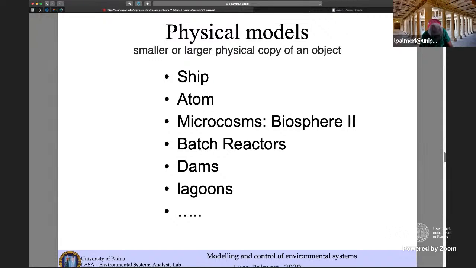We can do that, for example, for a ship, in order to describe the effect of a ship floating on water, of a ship navigating in currents, or a ship that is subject to waves. Or we may, for example, employ a physical model to describe an atom.